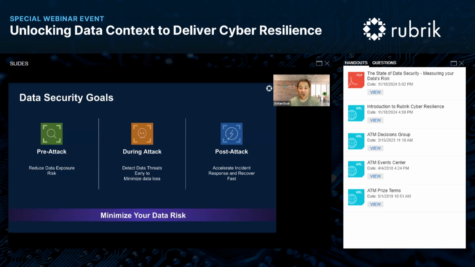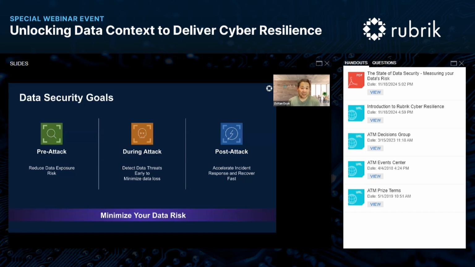During an attack, it's all about being able to detect threats in your data that may have gotten past your perimeter. If something's gotten in, you may already have damage, but if you can detect them before they've managed to exfiltrate a large volume of data or moved further laterally, you're minimizing the impact.